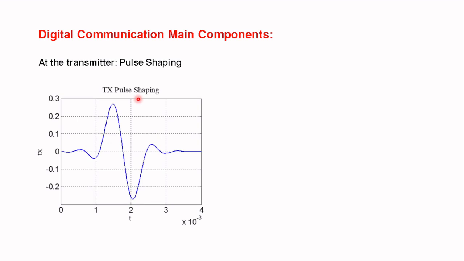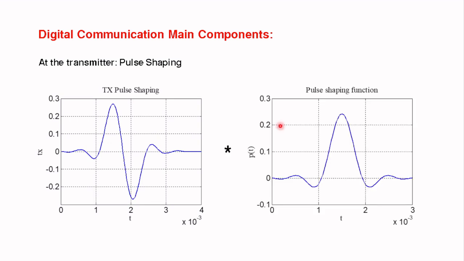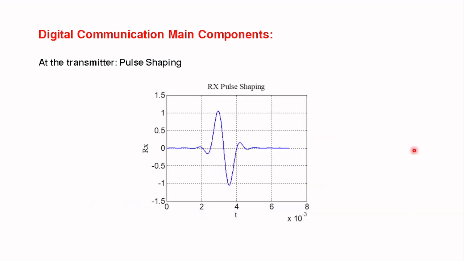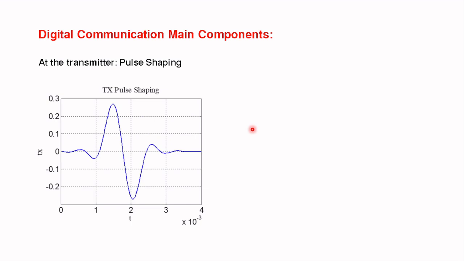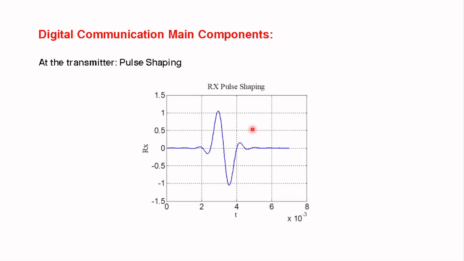So the receiver can also convolve the received signal with the pulse shape that was used at the transmitter to get the final received signal. And here we can see that we have here 1 and here -1, corresponding to the two transmitted symbols, 1 and -1. This is simply how pulse shaping is done.